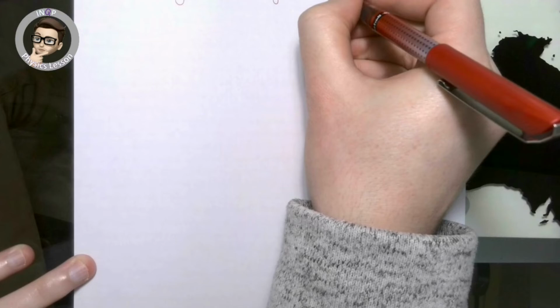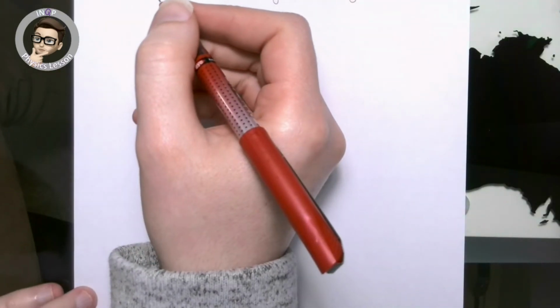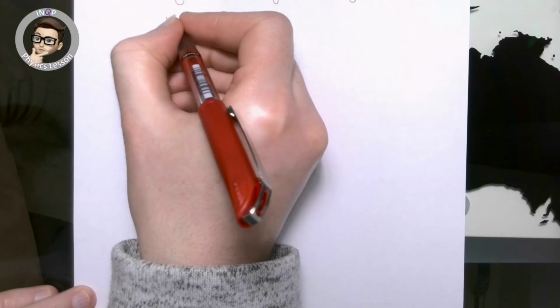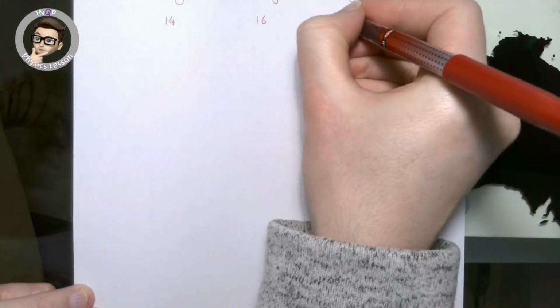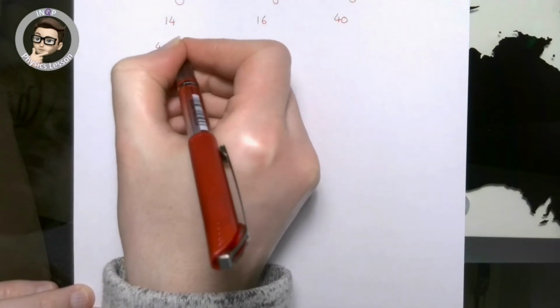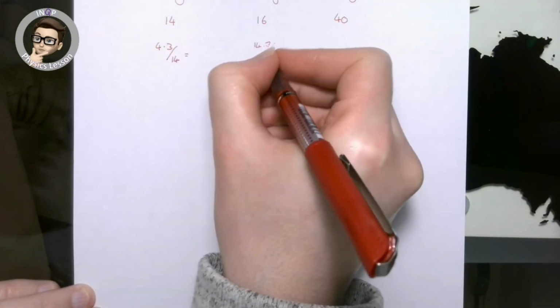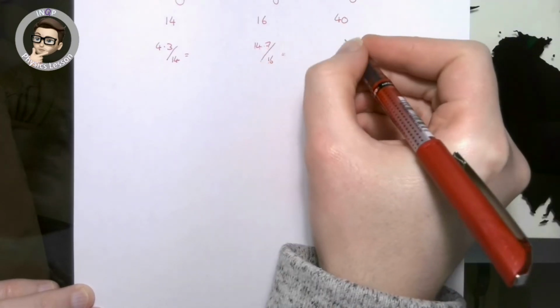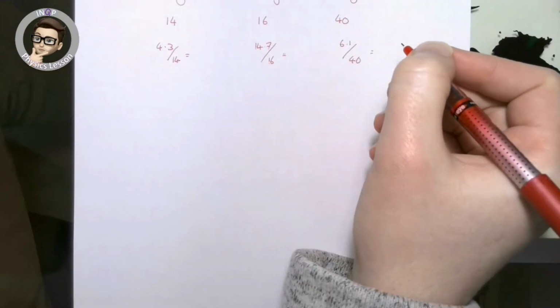Calcium, I've got 6.1 grams. I need to know their relative atomic masses. Nitrogen is 14, oxygen is 16, and calcium, the only one I don't know, is 40, looking it up on the periodic table. So I've got 4.3 divided by 14, 14.7 divided by 16, and 6.1 divided by 40.